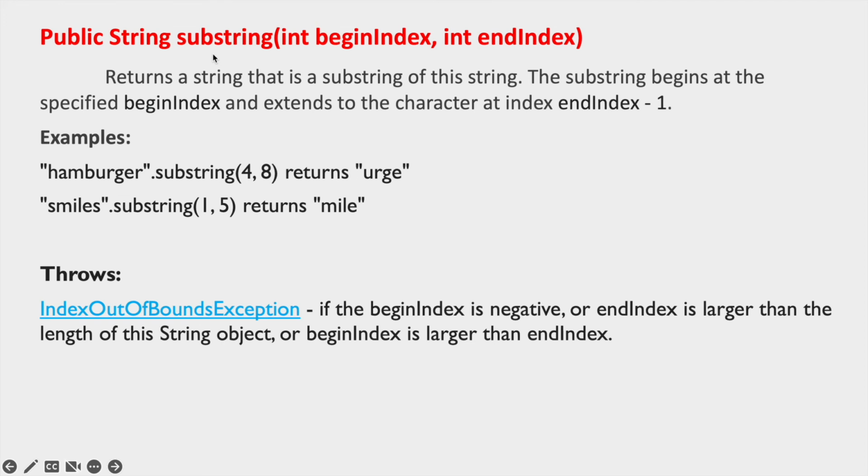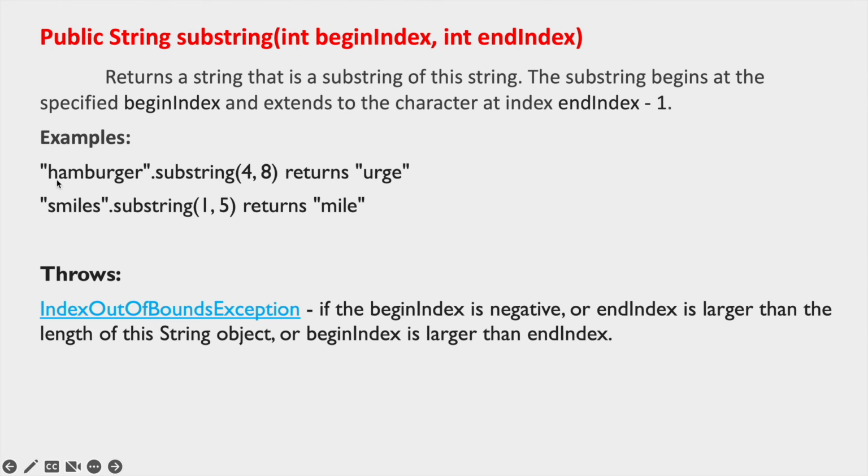The earlier substring method takes a single argument, but this method takes two arguments: the begin index and the end index. This method returns a substring of this string. The substring begins at the specified index and ends at the character at the end index minus 1. In this example, with hamburger, the index starts from the fourth character and we mention 8, so it will take characters up to the 7th index position.